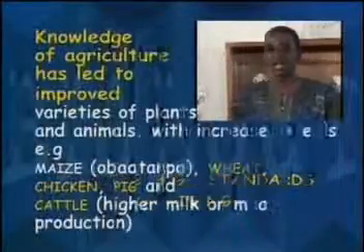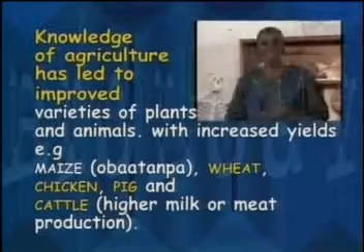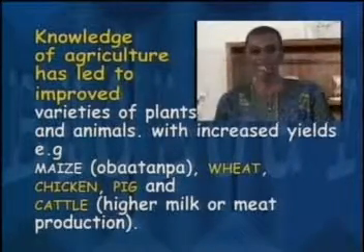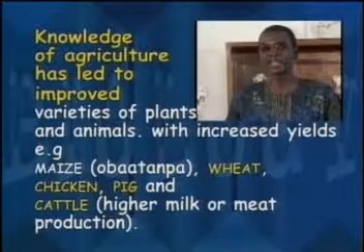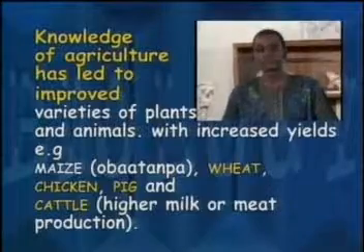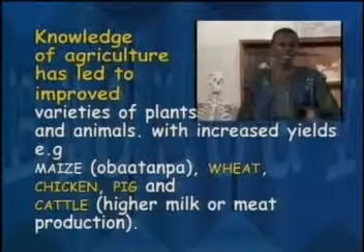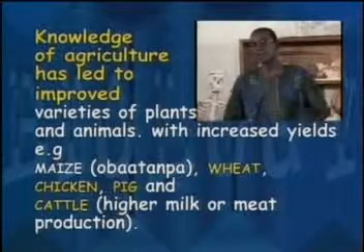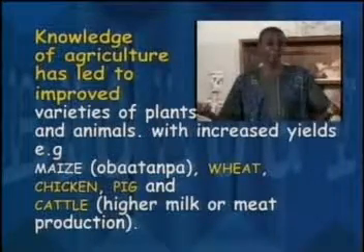Three, agriculture. So knowledge of agric has led to improved varieties of plants and animals with increased yields. Example, maize. Currently we have a fast breeding maize plant in the system called Obatampa.